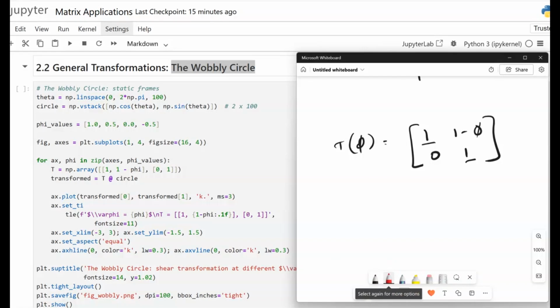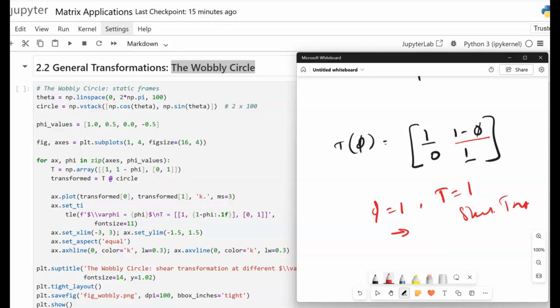But the off diagonal element, 1 minus pi, shears the x-axis based on the y coordinates. If pi is equal to 1, T would be the identity, so no transformation. If pi moves away from 1, the circle gets sheared. That is what a shear transformation is.